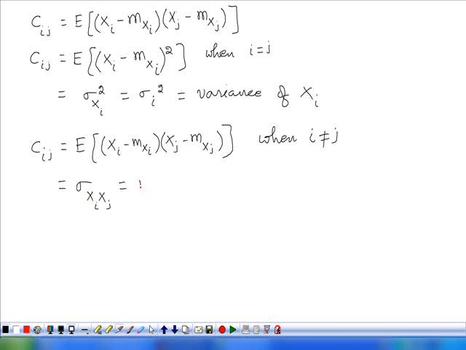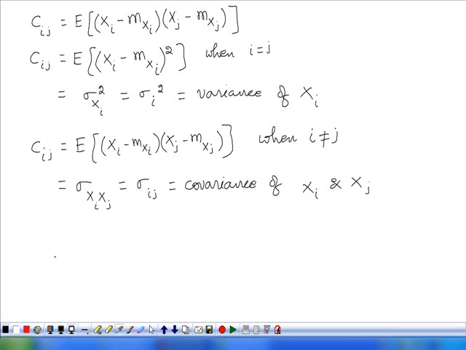For simplicity, I write it as sigma ij. So sigma ij is the covariance of the random variables xi and xj. When i is equivalent to j, it becomes the variance of the corresponding random variable. When i is not equivalent to j, it is the covariance.